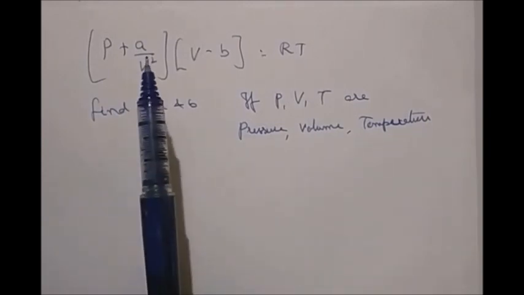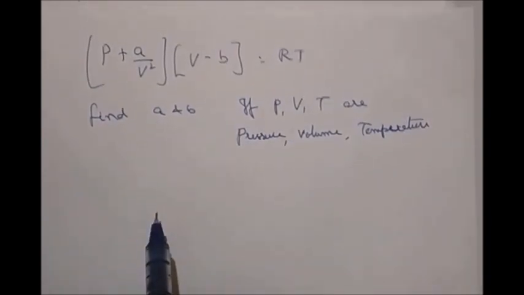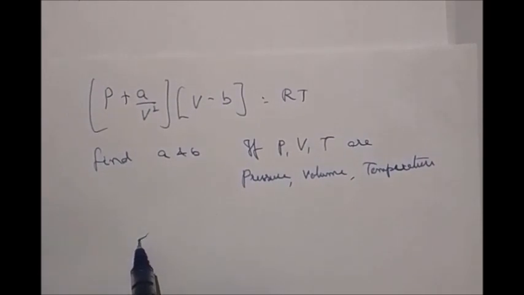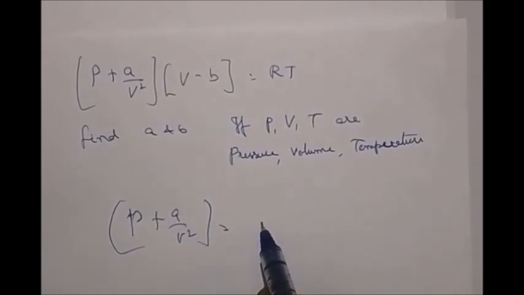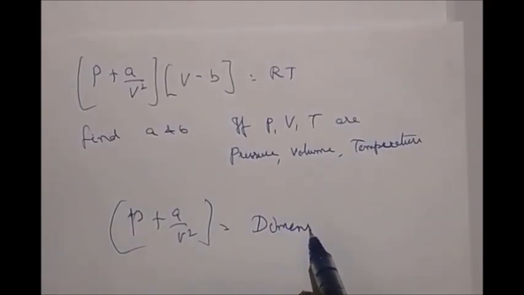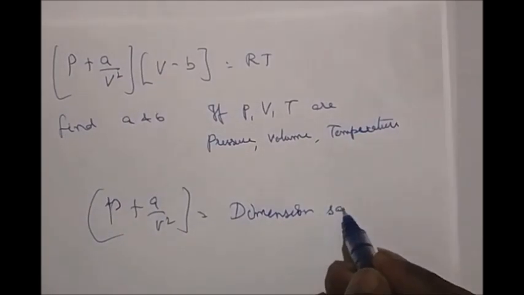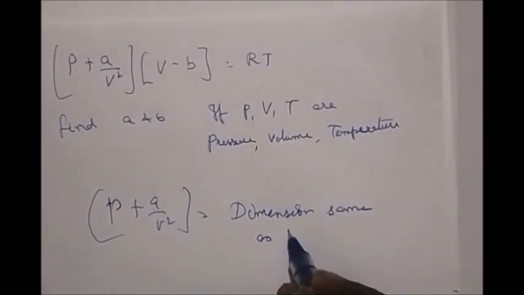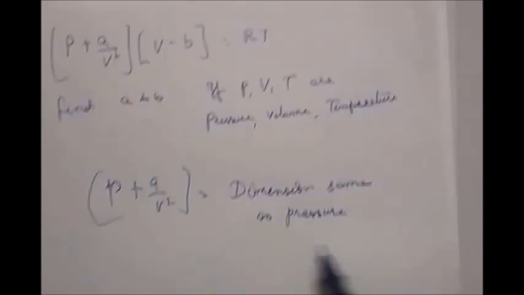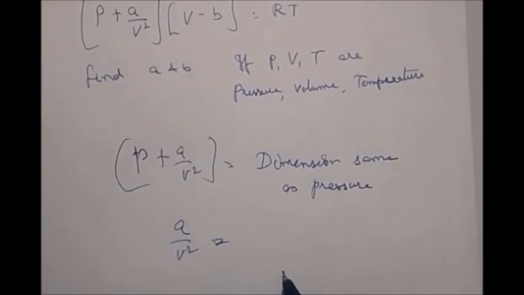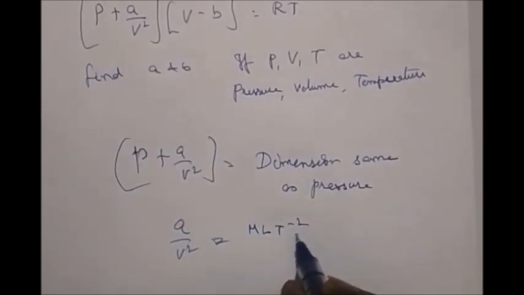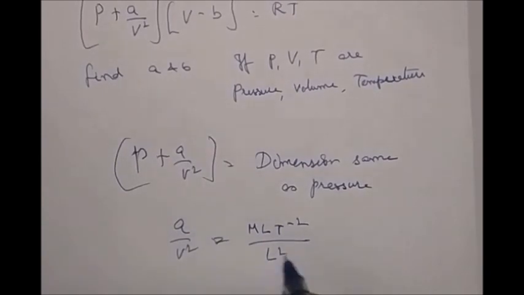So if you want to find out A by V square, we can write here P plus A by V square. This entire quantity should have the same dimension as pressure. So A by V square is equal to the dimension of pressure. So what is the dimension of pressure? We already know this one. Force upon area: m L T minus 2 upon area, which is L2.